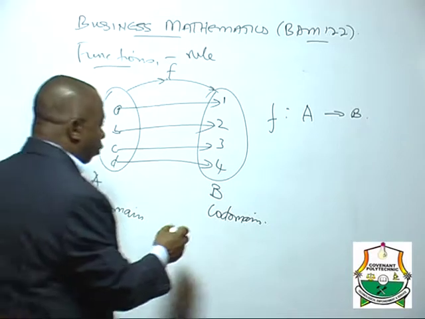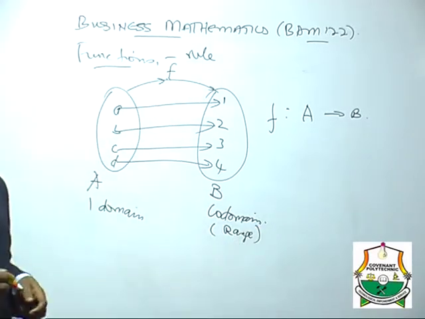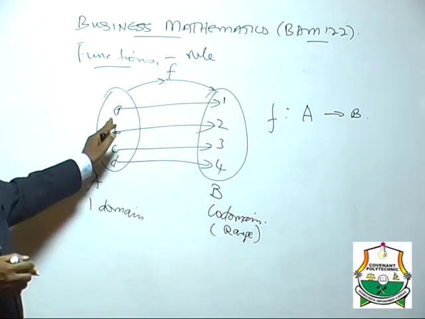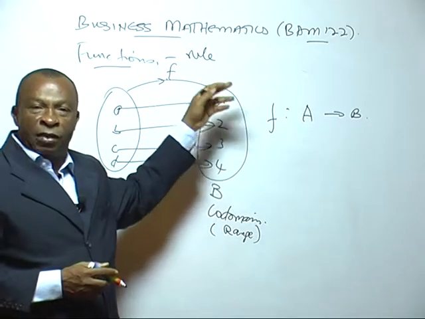Of course, this can also be called range. So the assignment or the rule that takes elements of A to elements of B is F, and that F is a function.